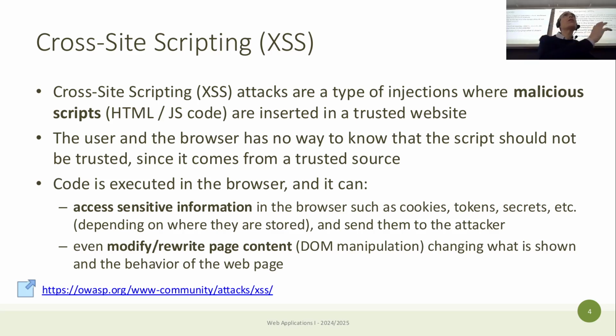Of course, if we are loading the information from an external place, like we did with the CDN, that's very evident, and so indeed that's not a problem if we have this integrity check. But in general, if you are able to tamper with the normal execution of the application, inserting something which is not expected and against which the code doesn't protect the application, that will be a problem. And the problem is that the code can basically access all the information that is available in the browser, as your JavaScript code does.